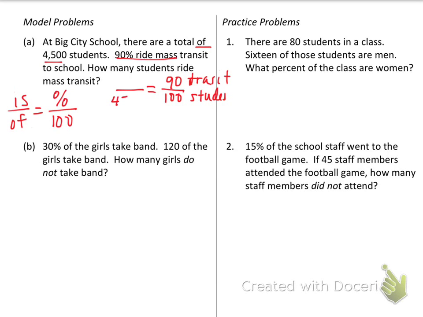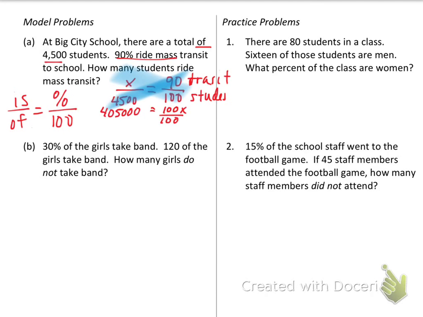So when I cross multiply, I get 100x equals 450,000. Divide by 100.